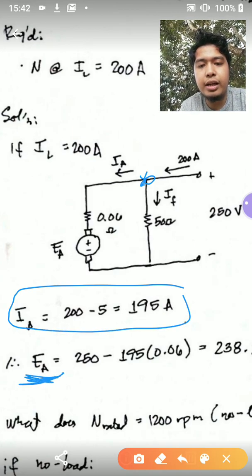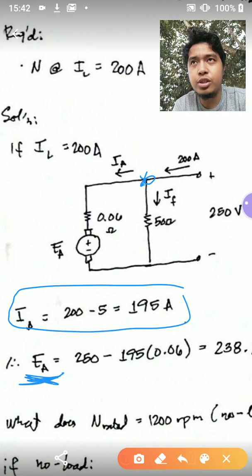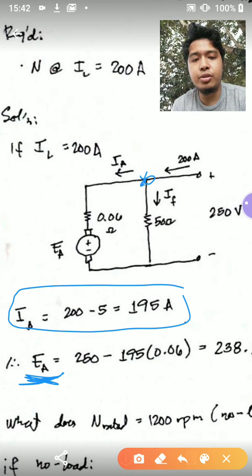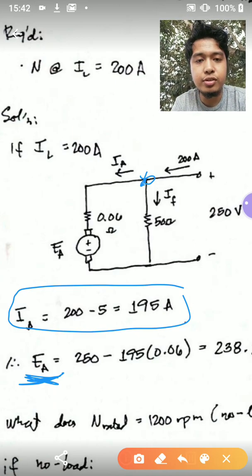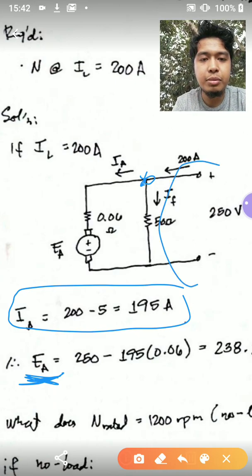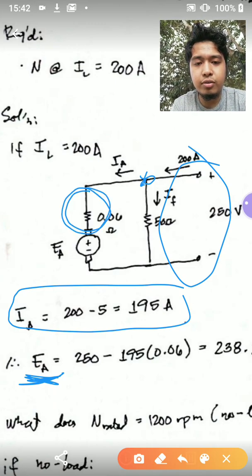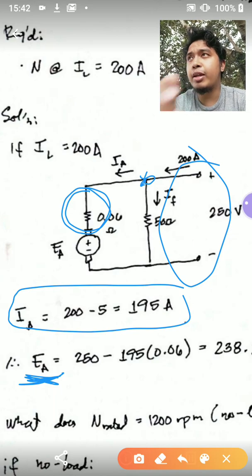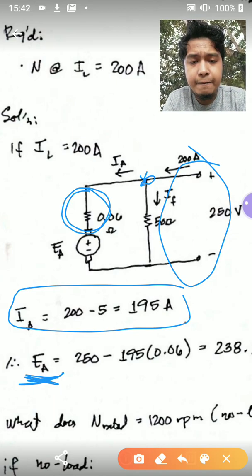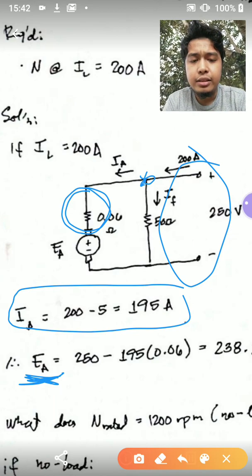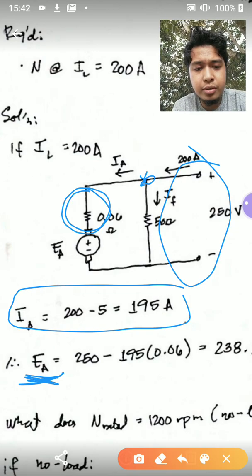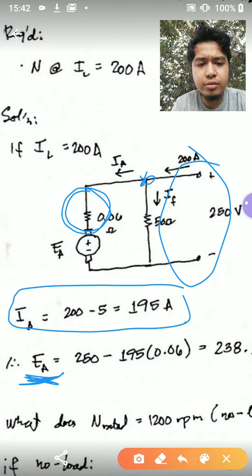So the voltage at the armature would be 250 volts, by KVL, less the voltage drop of 195 times 0.06, so it's 238.